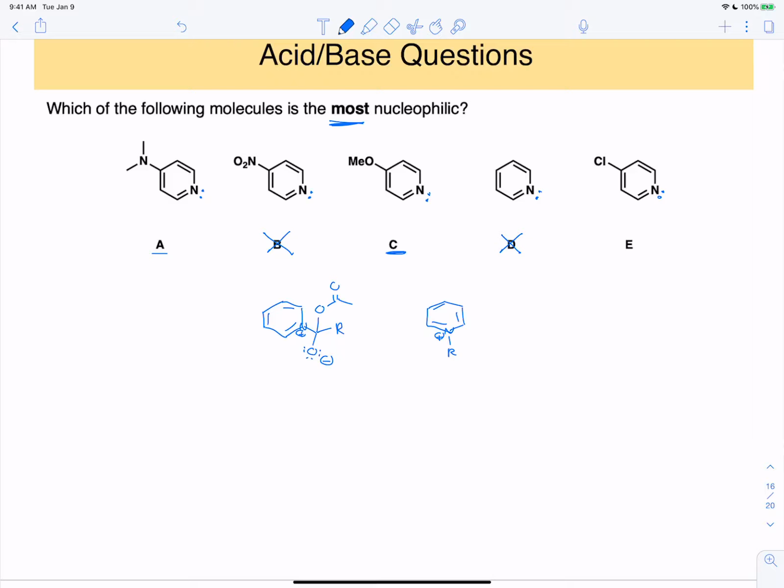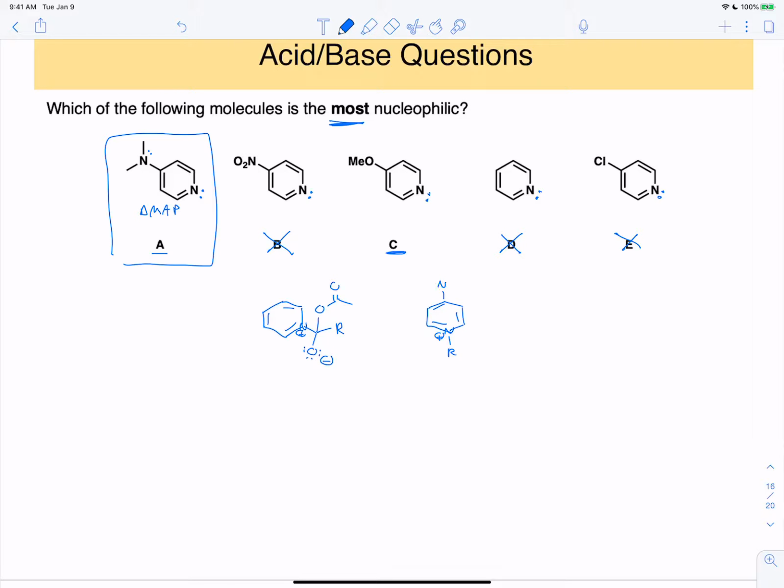B has a slight electron withdrawing group, it is deactivating, so we're going to say that probably won't be as good as C or A. Now it gets down to an oxygen versus a nitrogen. The lone pair on nitrogen is a stronger electron donor than oxygen, and so our friend DMAP ends up being the winner of this series.